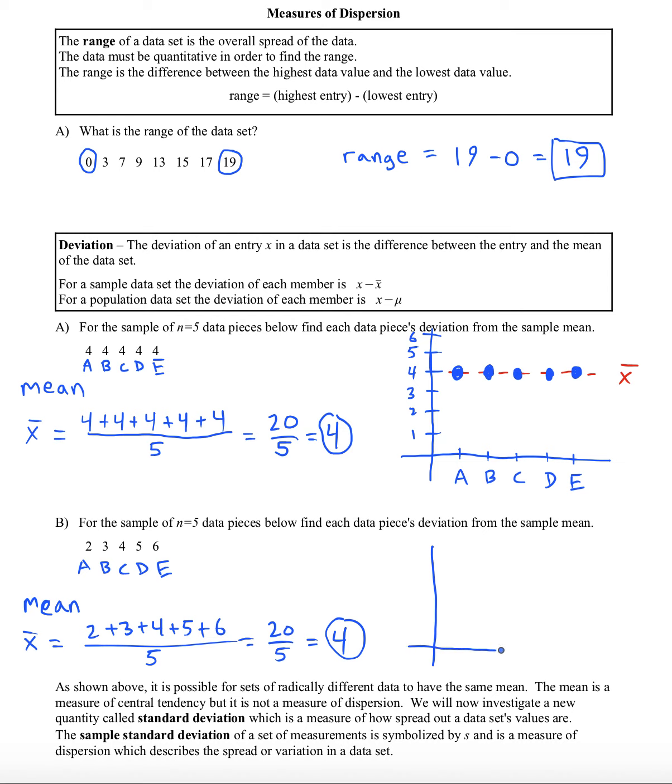Here I'll draw the same type of diagram that I had drawn above. 5 samples, A, B, C, D, and E. Let's label our axis here.